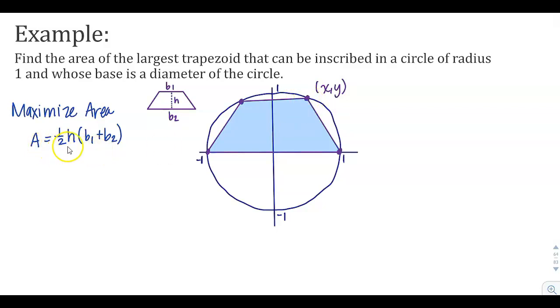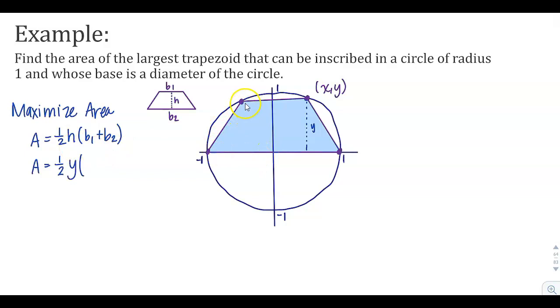So over here in the area formula, we recognize that h, the height of this trapezoid, would be given by y, the y coordinate of the point. That's how much I go up. So height is y. So I have so far that area is 1/2 y.